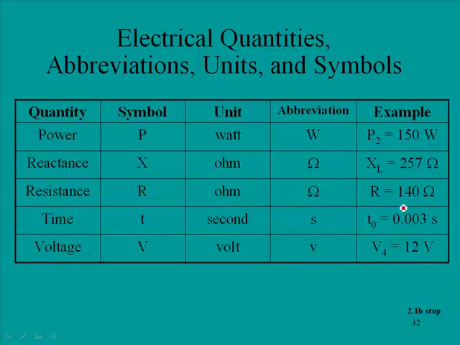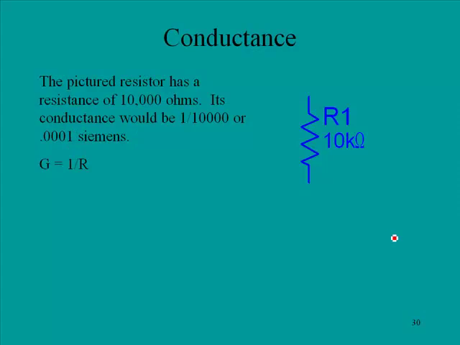Okay, in this lesson we have looked at the electrical quantities, abbreviations, units, and symbols. We took a look at conductance, and we found that whatever the value of resistance is, the conductance is effectively the reciprocal.